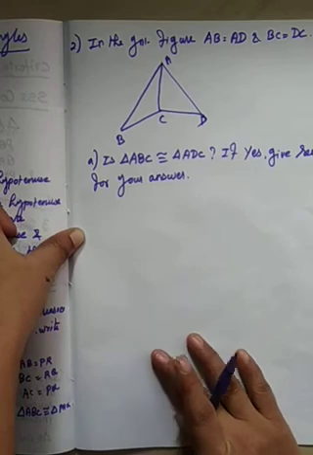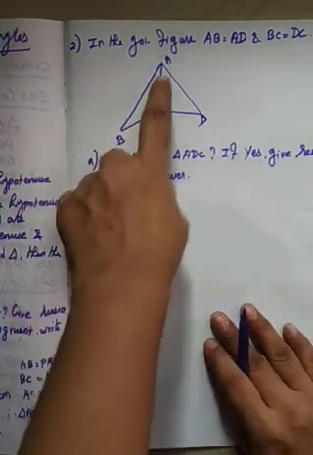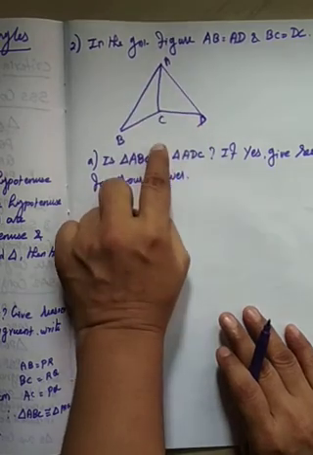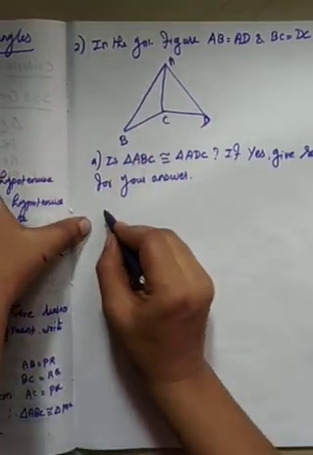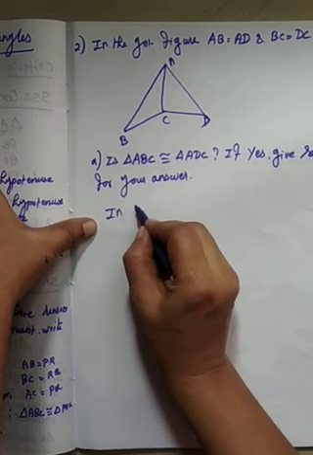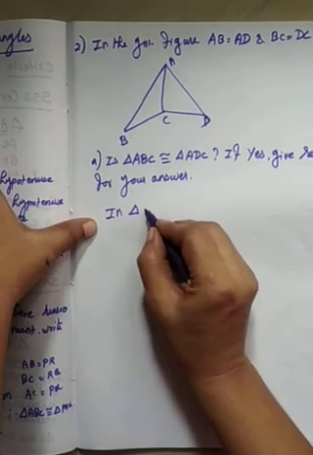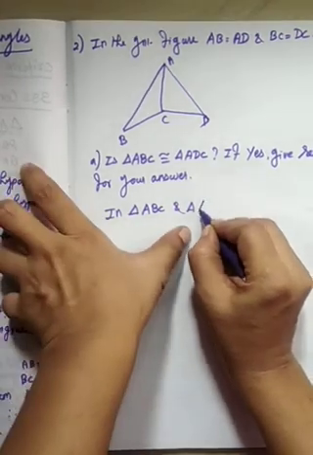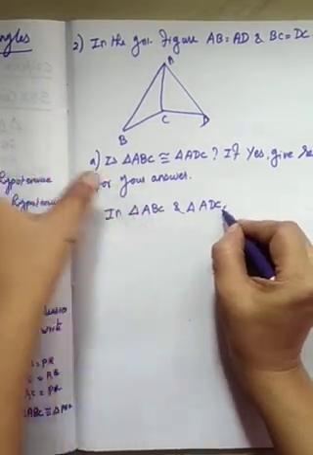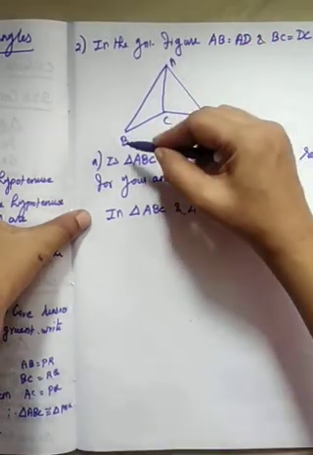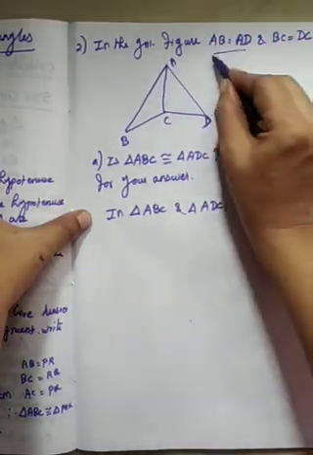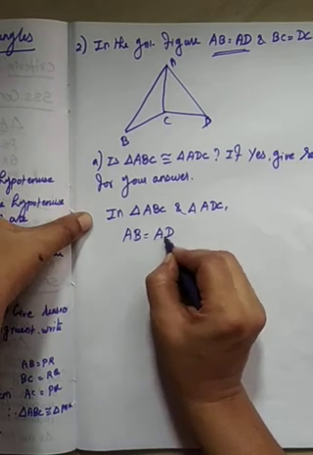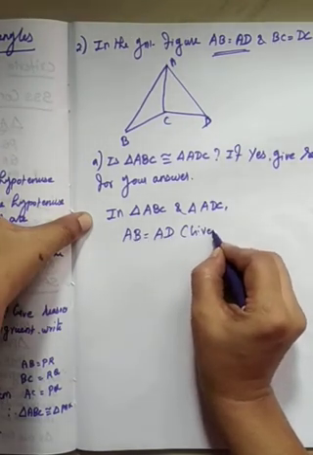First you can check. See, in triangle ABC and triangle ADC, in this one, AB equal to AD. These are all the given conditions, right? So we can write AB equal to AD, this one is given.